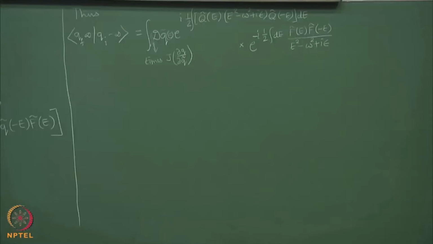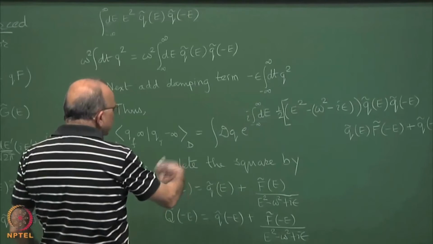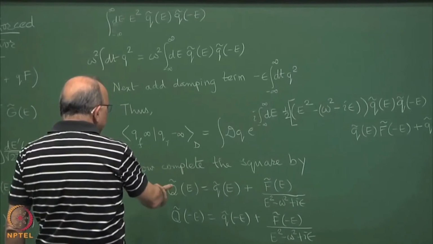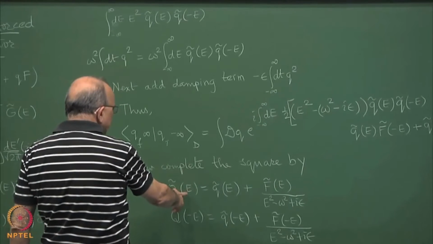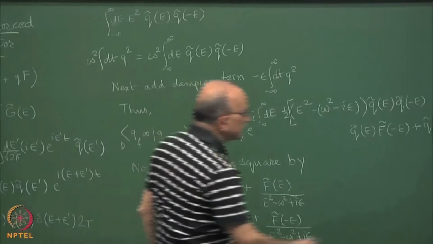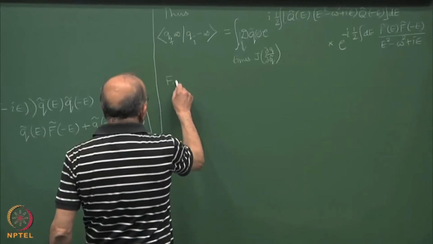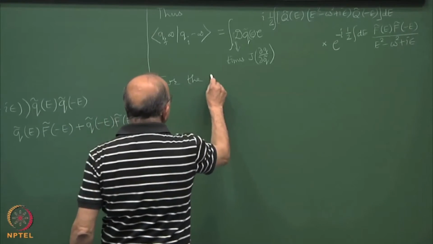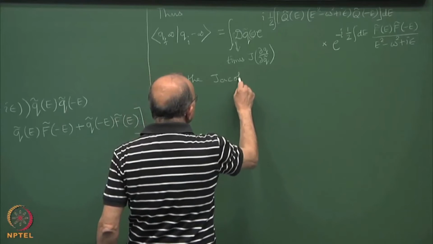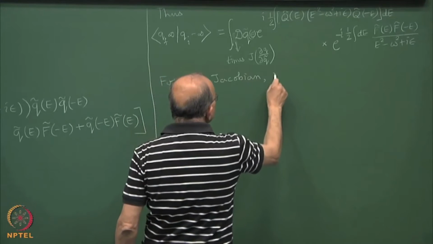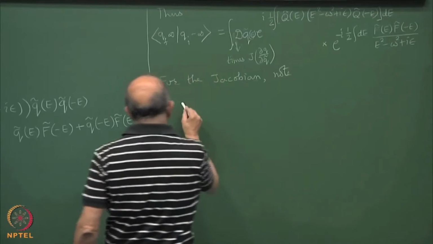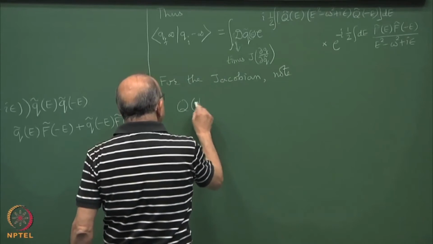Right. So what we observe is that this shift amounts to, I can now Fourier transform it back. So then it will become q of t equal to old q of t. So now note what we have done, just take Fourier transform of this back.